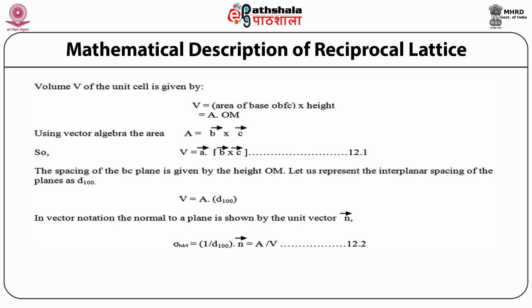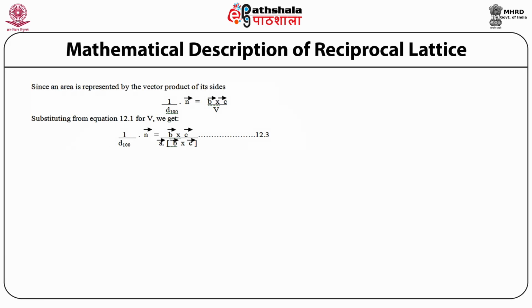In vector notation, the normal to a plane is shown by the unit vector n. Sigma_hkl equal to 1 upon d100 into n vector, which is equal to A by V, is given as equation 12.2. Since an area is represented by the vector product of its sides, 1 upon d100 into n vector is equal to b cross c upon V.